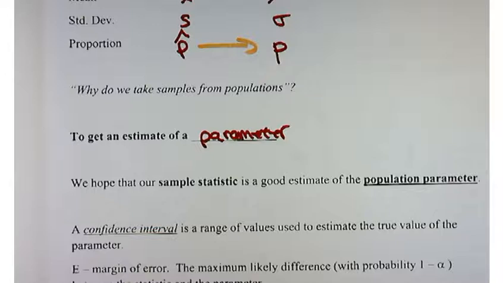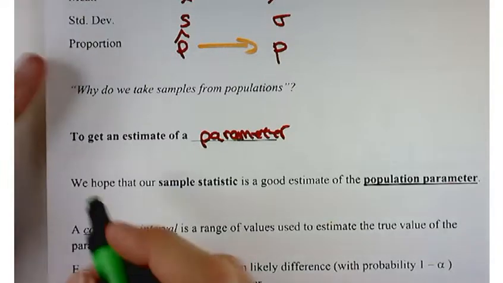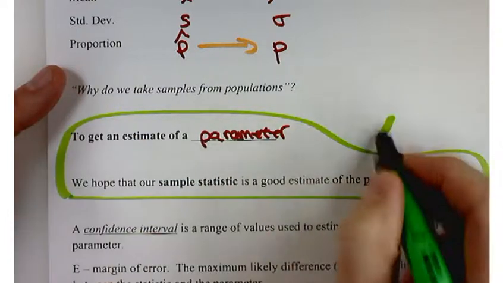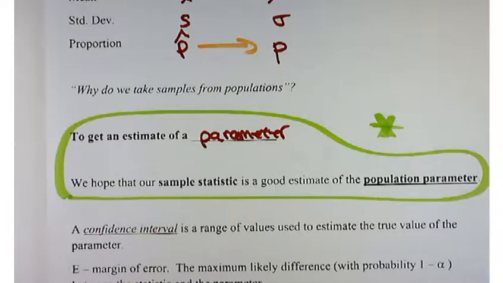That's what we're hoping when we conduct our sample. This is kind of going to guide us in a lot of what we do in chapter 7. We're going to construct confidence intervals.